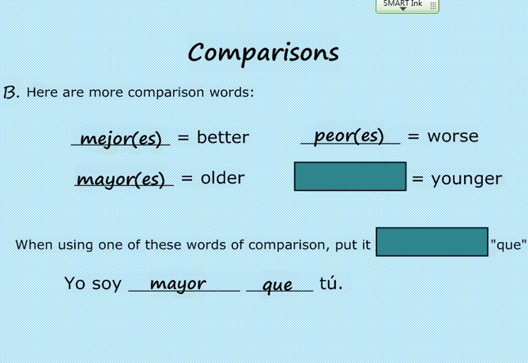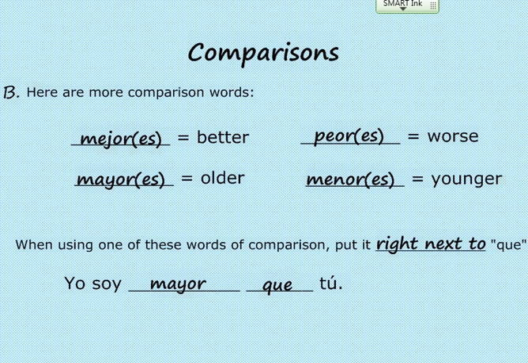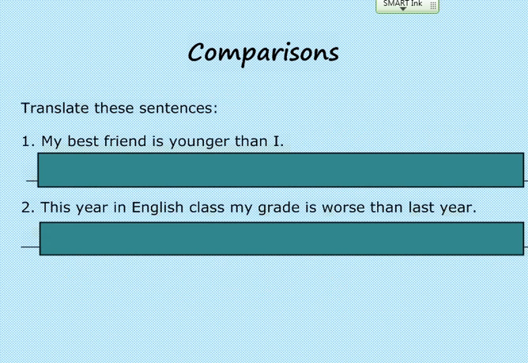Older, mayor. Younger, menor. These two words, mejor and mayor, the words for better and older, are very easily mixed up, so make sure you have those written in the correct blank. When you're using one of these words of comparison, you will put it directly next to the word que. So in this example, yo soy mayor que tú, you're saying I am older than you are.